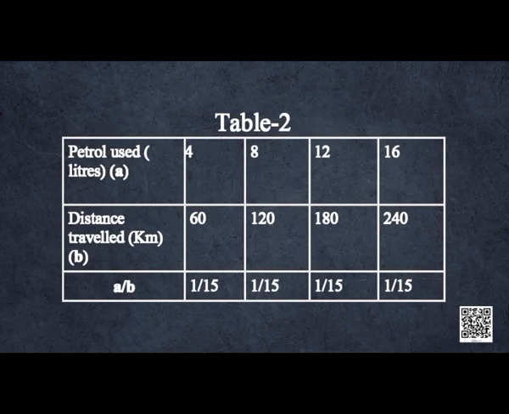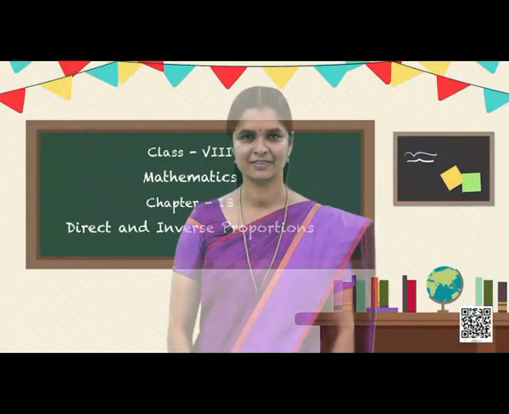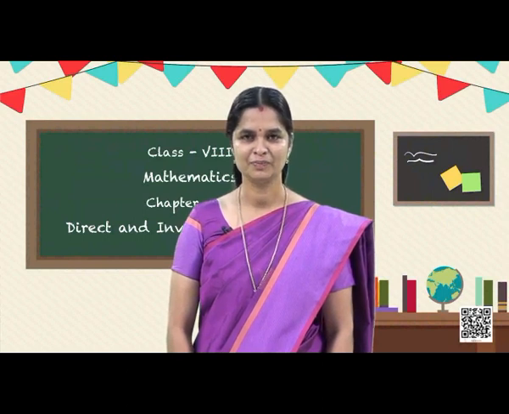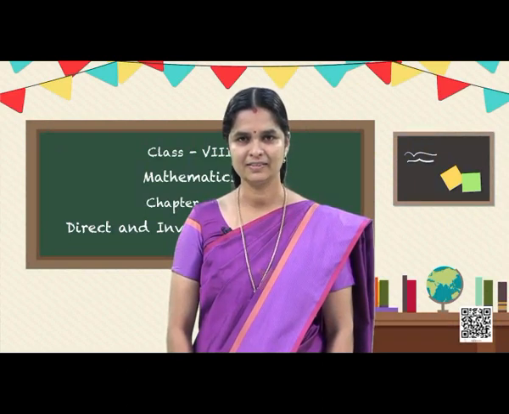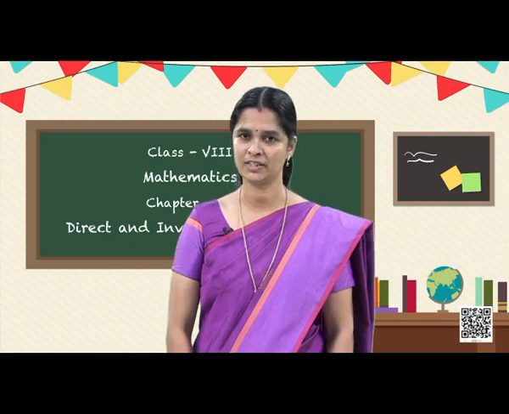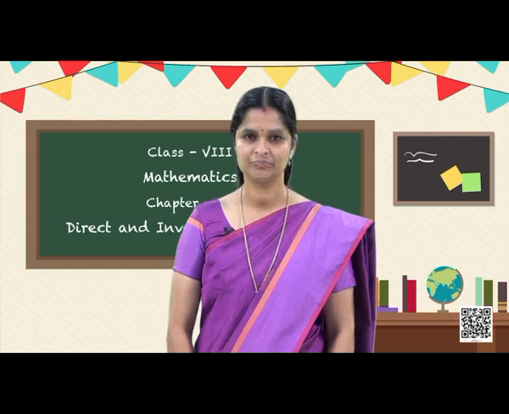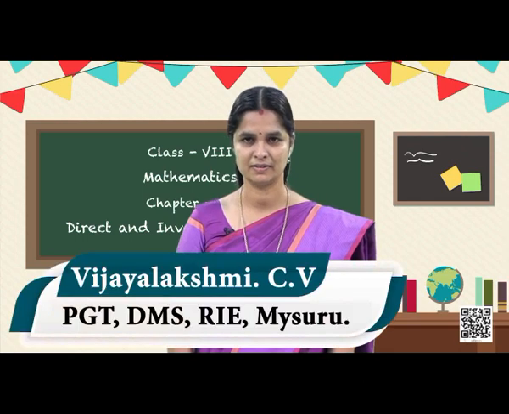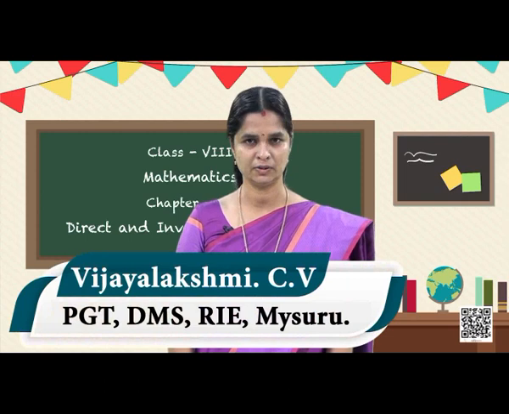Let us start calculating. Yes, what a surprise! It is 1 by 15 throughout. Very good. Now, we can see that in the first situation, the ratio was not the same in all the cases, but in the second situation it is a constant. You can even try the other way.